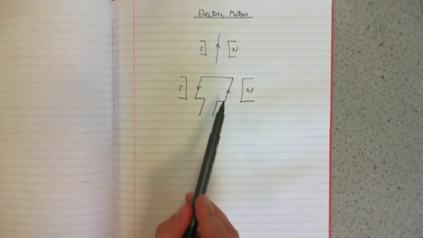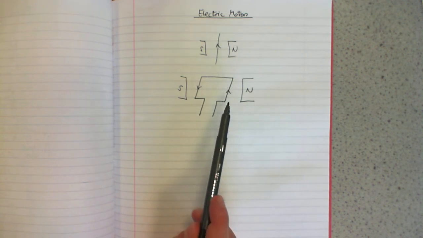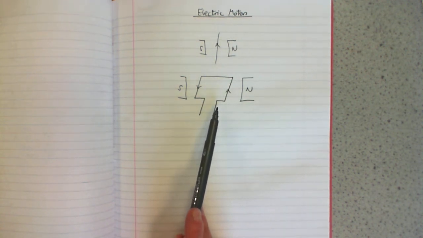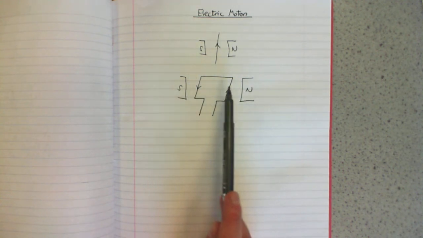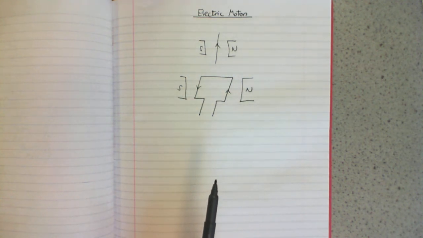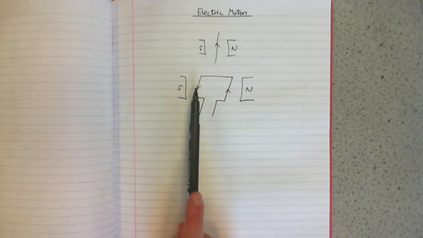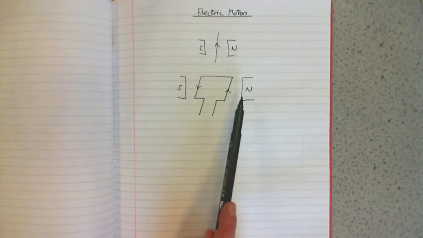The only difference is we've got this coil of wire. So current flows through the coil, which generates a small magnetic field, which interacts with the permanent magnetic fields of the north and the south poles, which generates a force which causes movement. But we've in effect got two wires in between these magnetic fields.